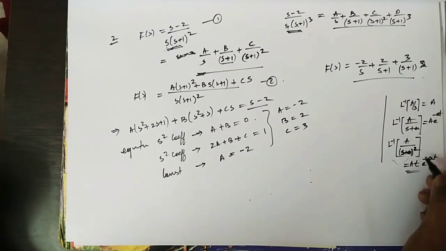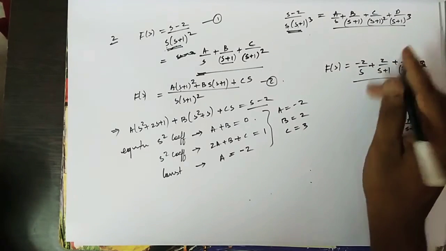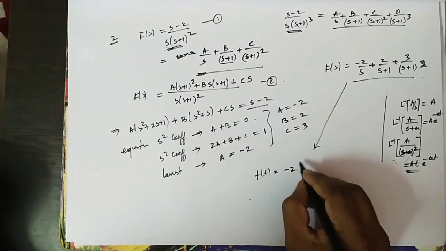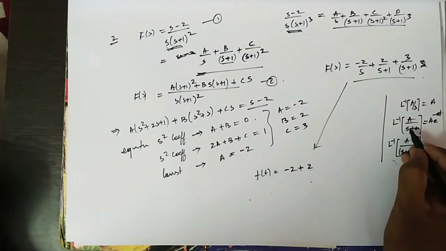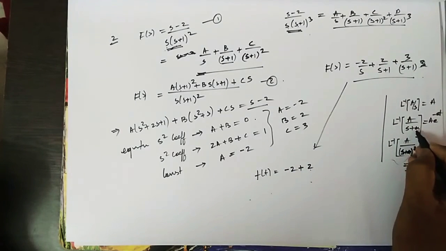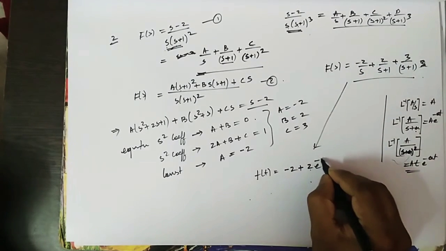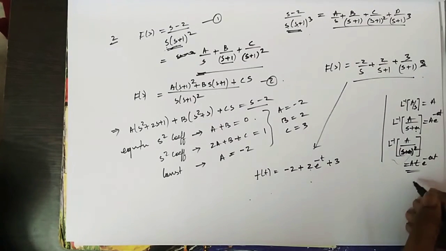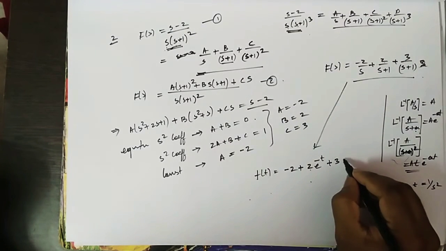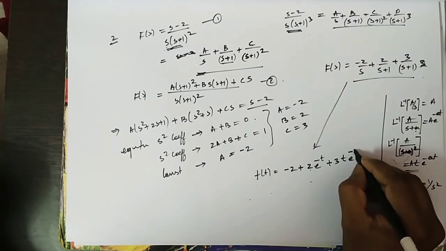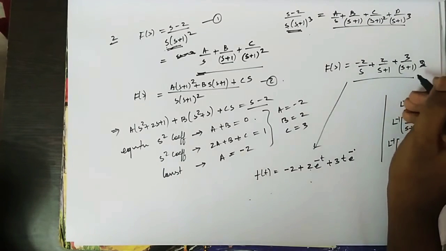Based on these equations, the inverse Laplace f of t equal to minus 2 plus 2 into e power minus t, where capital A is 2 and small a is 1, plus 3 into t into e power minus t, since the inverse Laplace of 1 by s plus 1 whole square is t e power minus t.